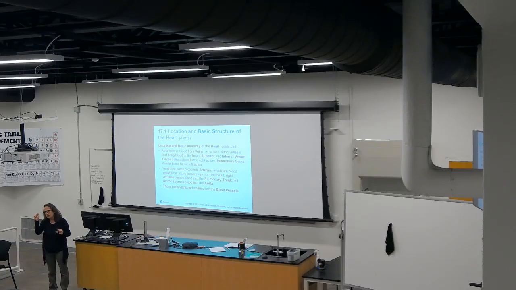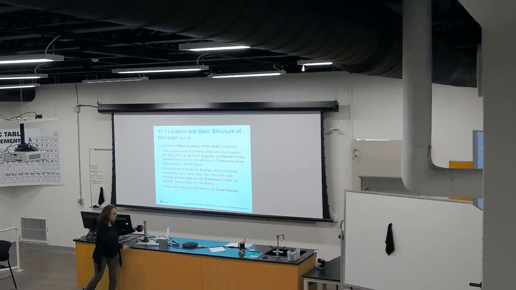And then the ventricles will contract and pump the blood into the arteries. And the arteries deliver blood either into the lungs or into the rest of the body. The ventricles are larger than the atria.